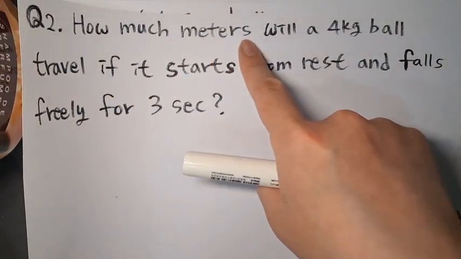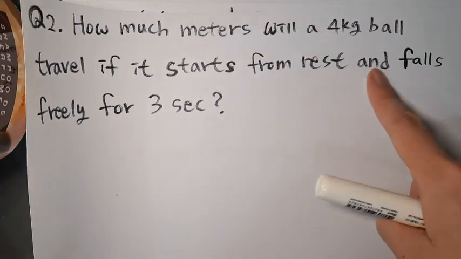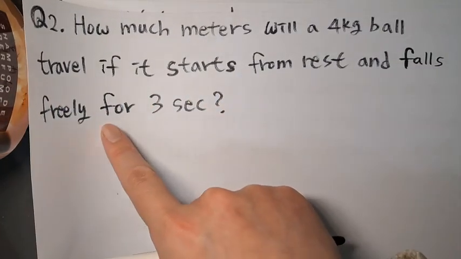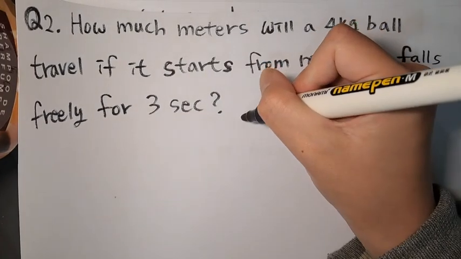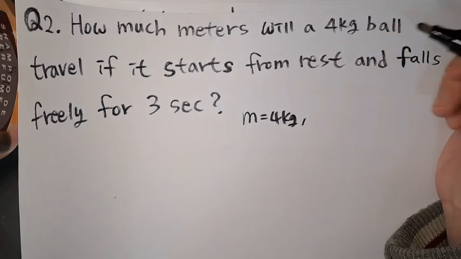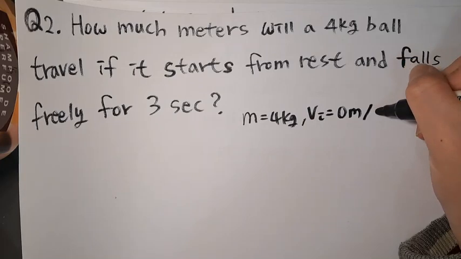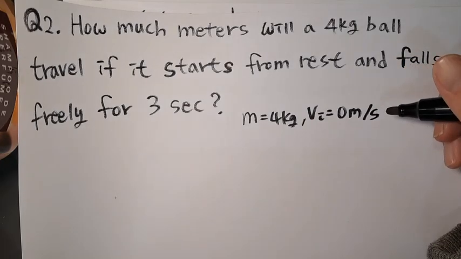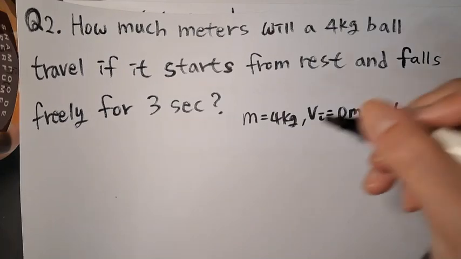How many meters will a 4 kg bird traverse if it starts from rest and falls freely for 3 seconds? So the mass is going to be 4 kg, and the initial velocity is going to be 0 meters per second, and the time is going to be 3 seconds.